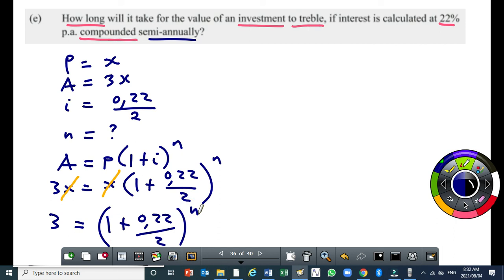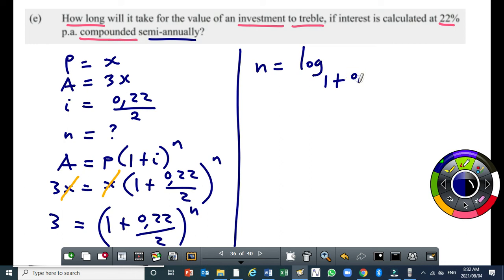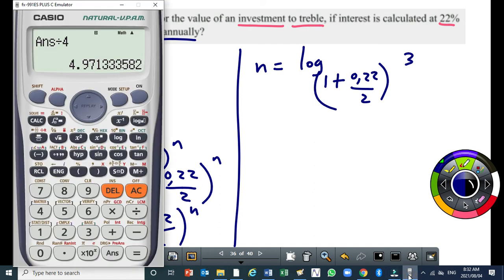Now this becomes an exponential equation. This 1 plus 0.22 over 2, that's your base. We are trying to find n, so it becomes n equals the logarithm, that's 1 plus 0.22 over 2, and the number that you're trying to find its logarithm is going to be a 3. Then you check out your calculator.